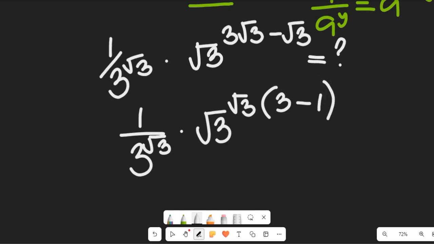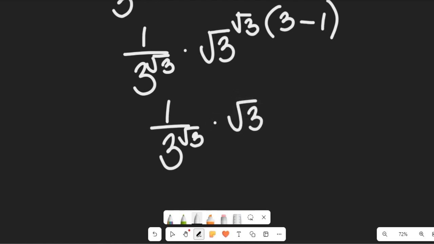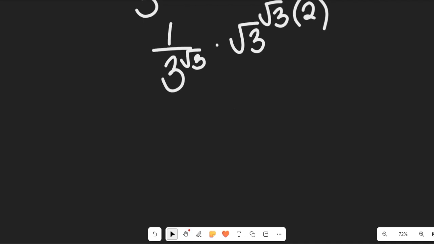Root 3 divided by root 3 will give us 1. So that expression is simply going to give me 1 divided by 3 root 3, right, multiplied by root 3 to the power of root 3 multiplied by 2.